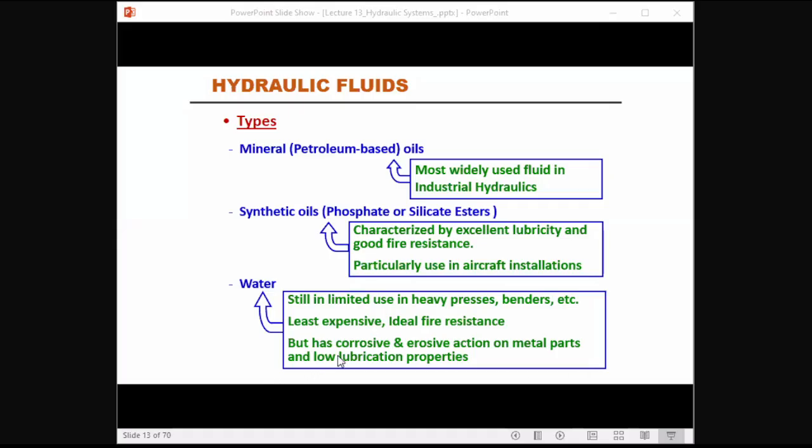And also other properties, low lubrication. Okay, so we can't use water as a lubricant. Then synthetic oil we can use as a lubricant oil.